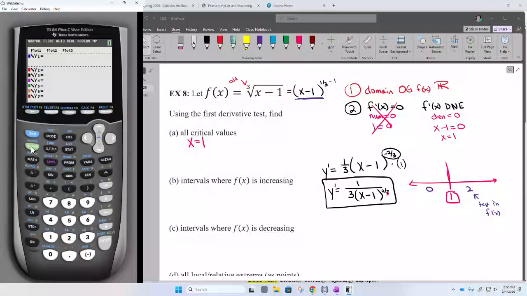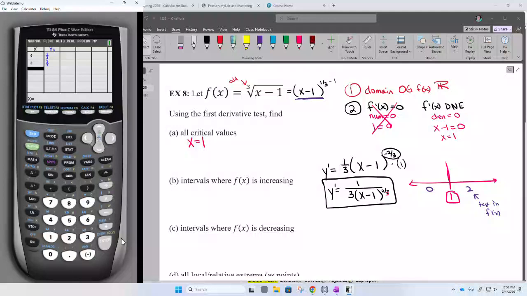Alright, so y equals numerator over denominator, 1/3 parentheses x minus 1 to the 2/3. Okay. Then I'm going to go to my table, and I'm going to type in my two test values, 0 and 2.